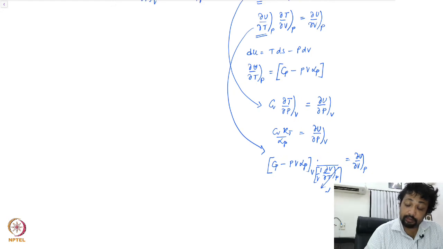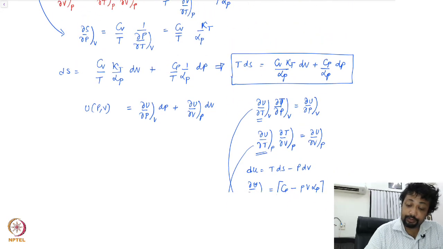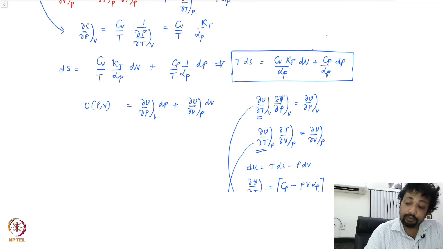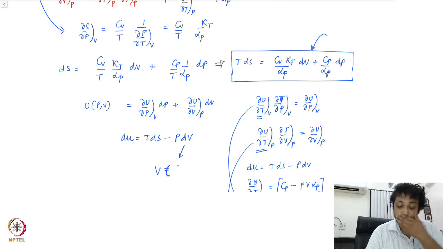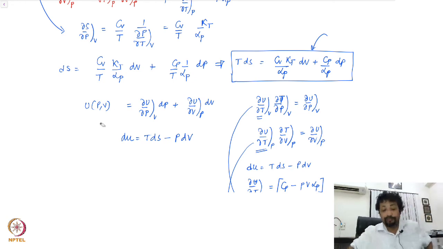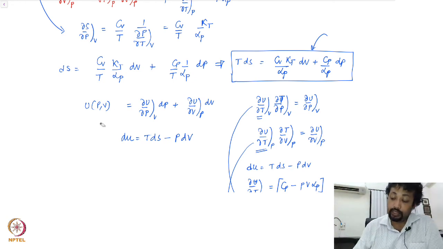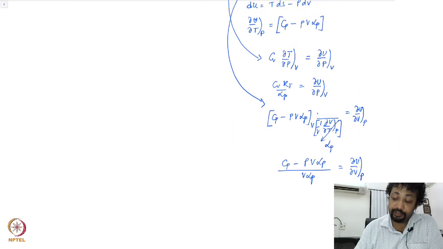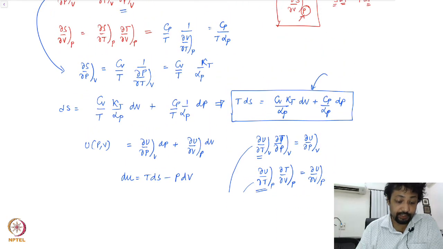You can also calculate this relation from your first law, because you know TdS, and you also know du is TdS minus Pdv, and then here you simply write v as a function of volume, that's fine, I don't have to write anything here because it's already a function of volume. So you will get the answers that you're looking for. Good. So now you know how to manipulate partial derivatives into calculating all these quantities, right?